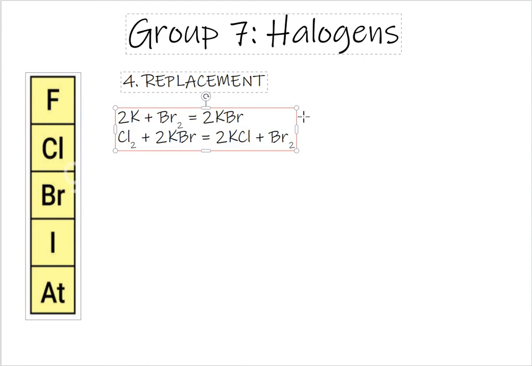And this is the reason, because if you take any element, you can see that the reactivity of iodine is lower than bromine, lower than chlorine, lower than fluorine. So if there was a reaction that involved iodine and potassium, then a fluorine could easily throw away the iodine and react with potassium.